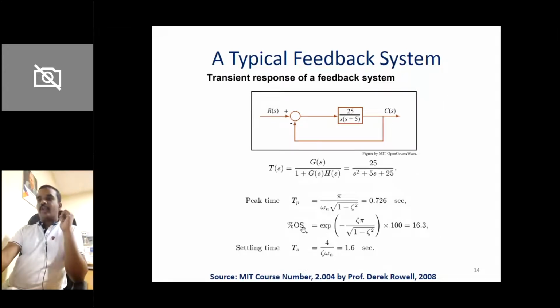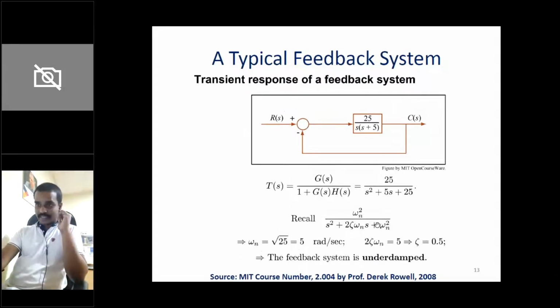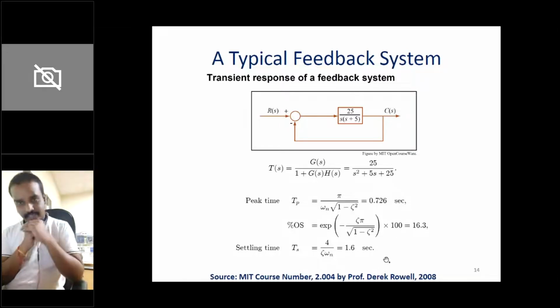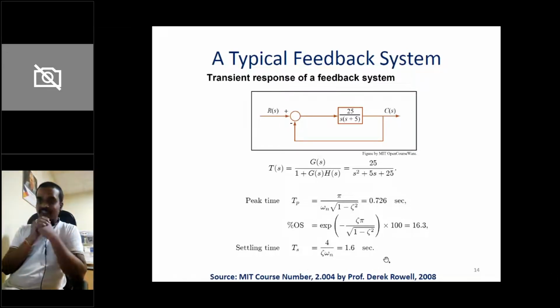Okay. So now the peak time, these are the standard formulas. Since I have that omega and zeta from this particular slide, if I substitute here, I'll get the peak time like this. Overshoot also I can calculate, and settling time. What do you mean by this? How do you physically visualize this?